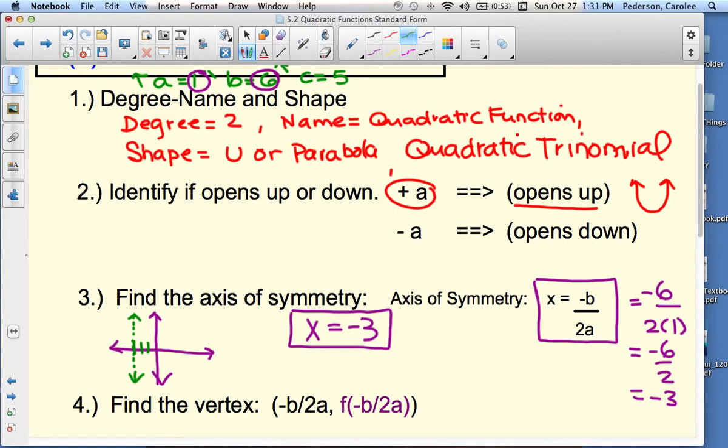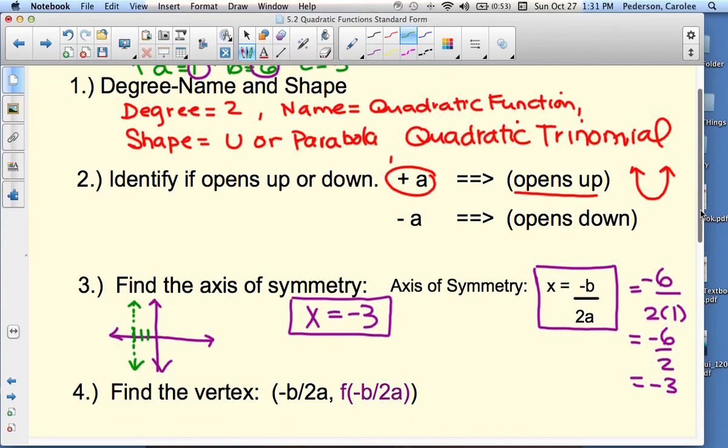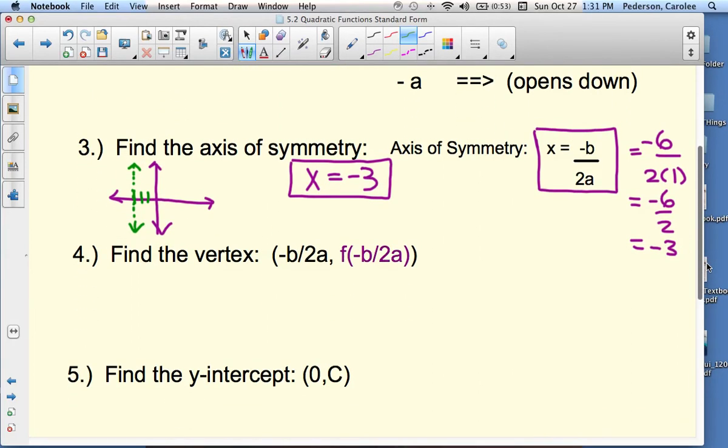What we want to find next is the maximum or minimum point on the graph, which we call the vertex. So half of the vertex answer has been found. Whatever your x value is in your axis of symmetry, that is going to be your vertex x value. So it's negative 3. And then to find the y value, you just say f of negative 3. So we have to evaluate the function.